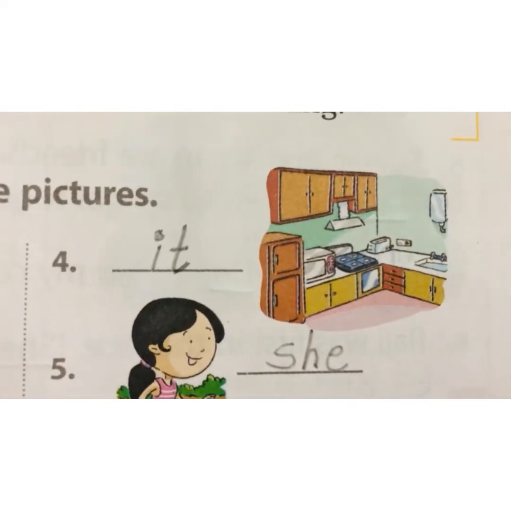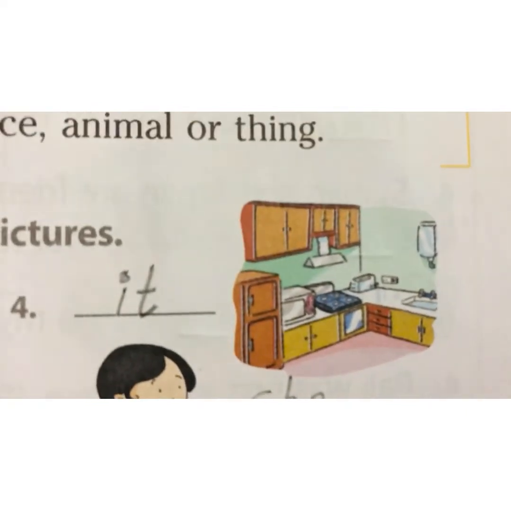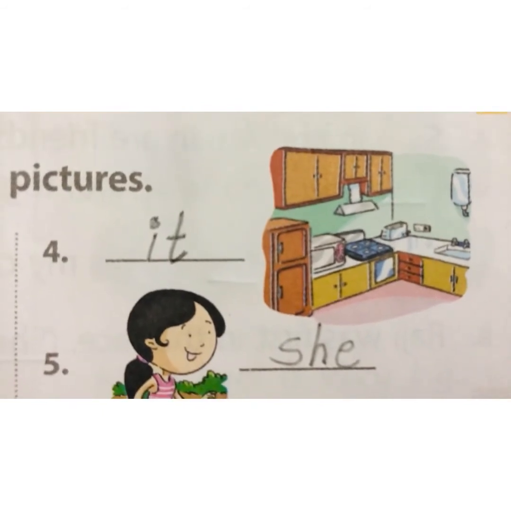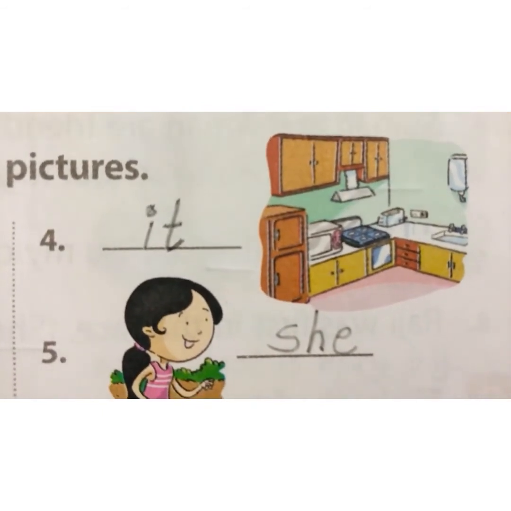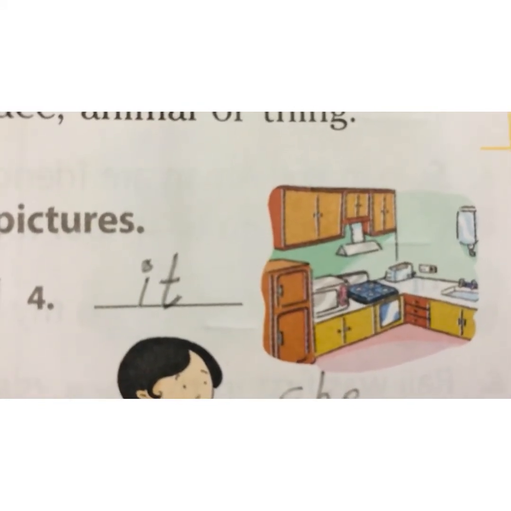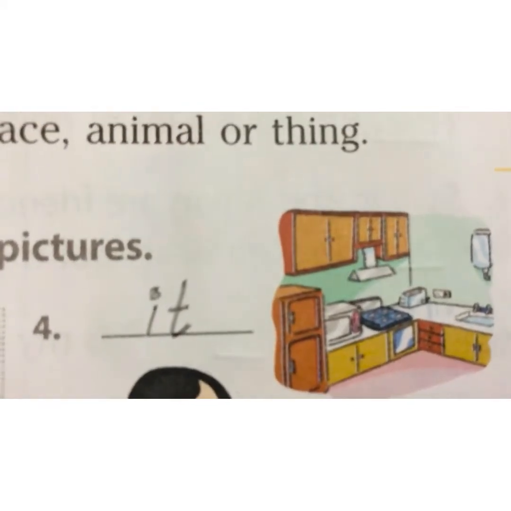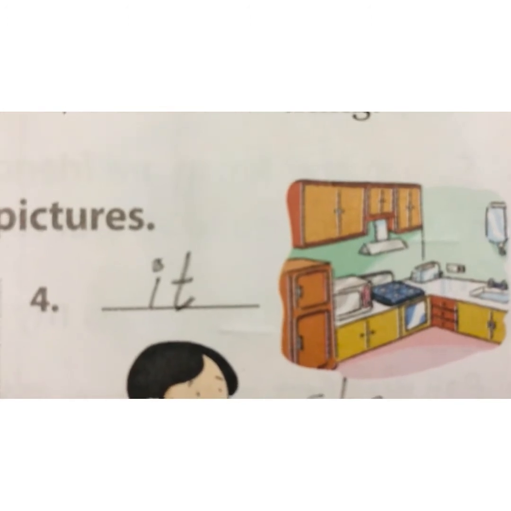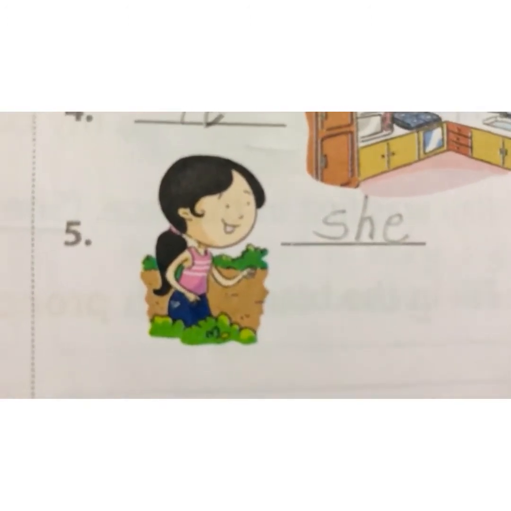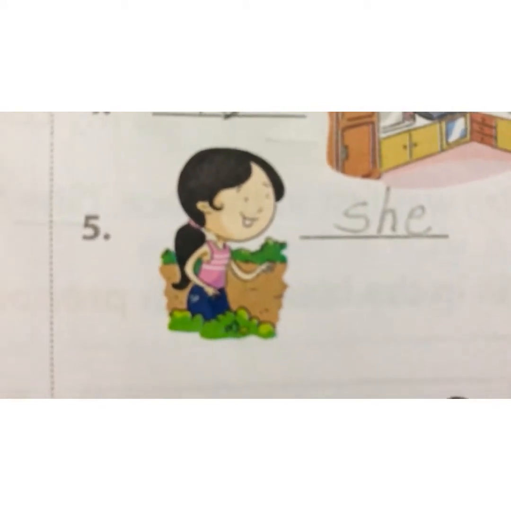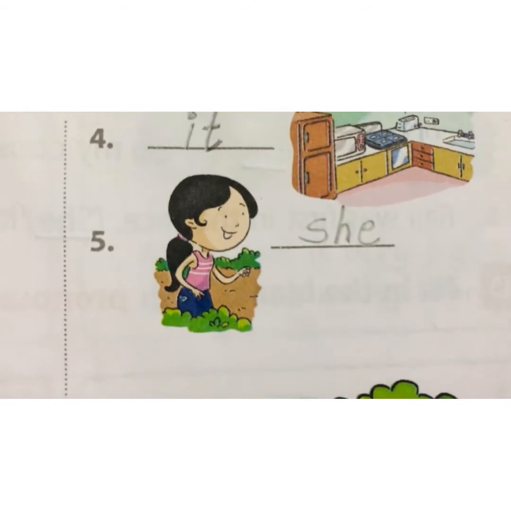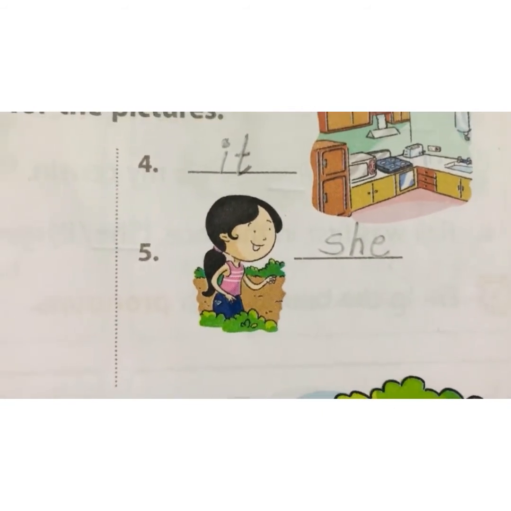The fourth one is a picture of a place. You can see a kitchen in this picture. So pronoun it will be used for this picture. The last one is a picture of a girl. For a girl, we will use pronoun she.